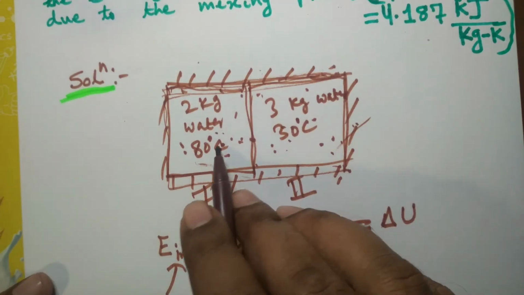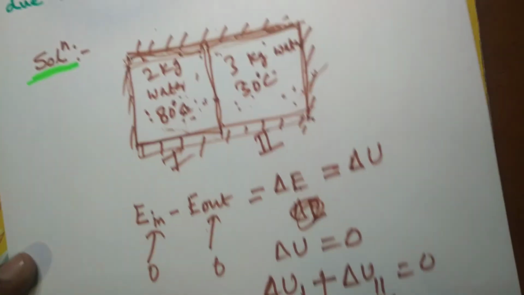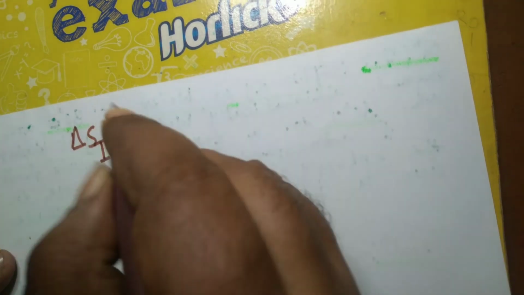Subsystem 1 will attain this temperature and subsystem 2 will also attain this final equilibrium temperature, which is 50 degrees Celsius. So now we will calculate the change in entropy of the first subsystem.